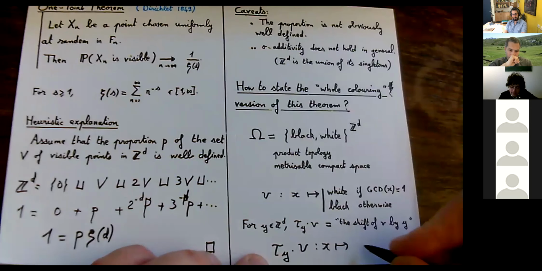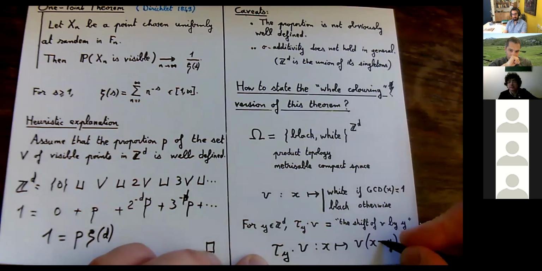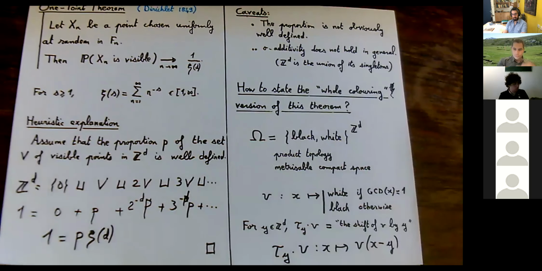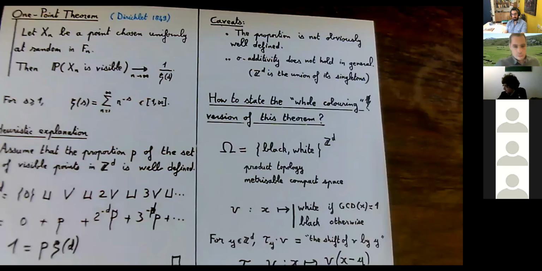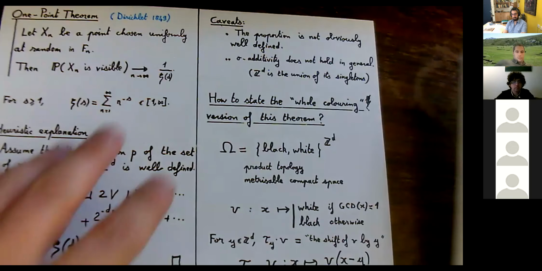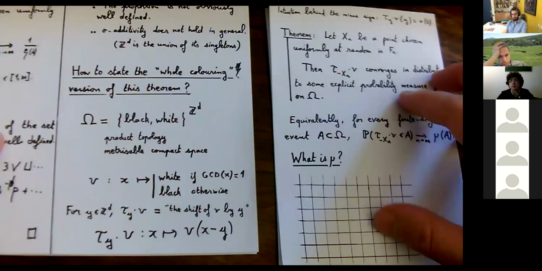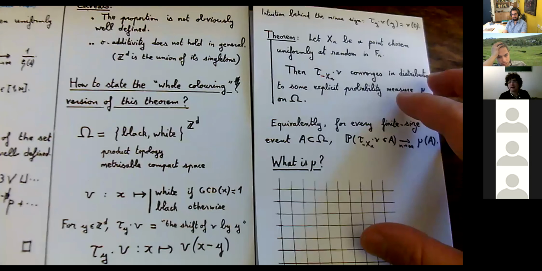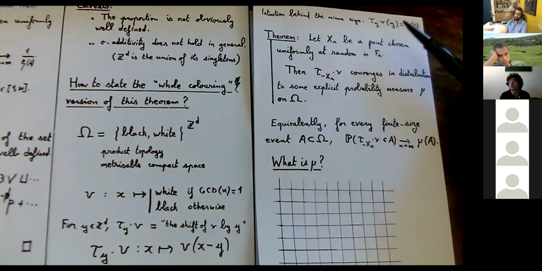The guy should be x minus y, maybe x plus y. The sign is maybe not so clear. Actually, the correct sign is minus. And one way to understand why it should be so is that when we translate our picture by y, what happens at y should be what was before at 0.